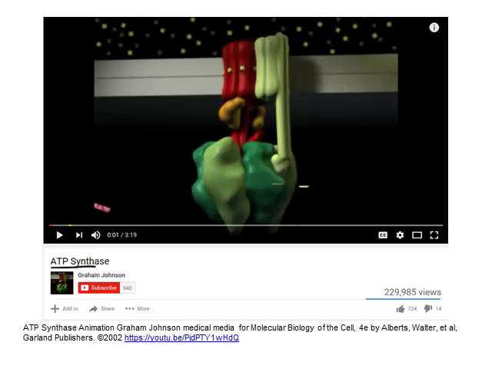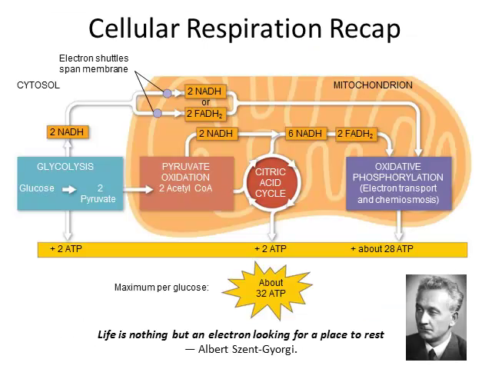So to recap, cellular respiration encompasses glycolysis, pyruvate oxidation, the citric acid cycle, and oxidative phosphorylation. Through these pathways, glucose is oxidized to carbon dioxide via the reactions of glycolysis, pyruvate oxidation, and the citric acid cycle, and the electron carriers NAD and FAD are reduced.